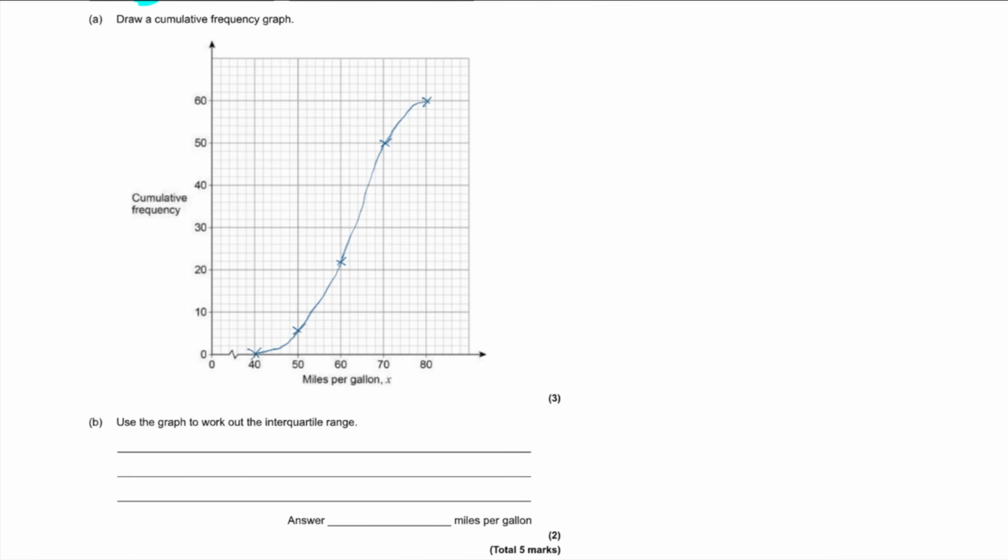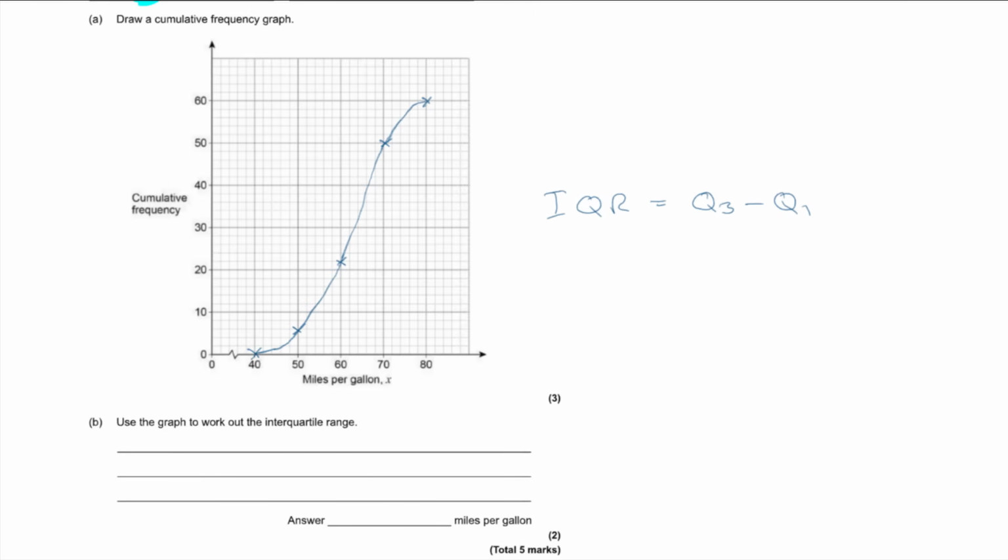Use your graph to work out the interquartile range. Okay, so the interquartile range is Q3 minus Q1, the upper quartile minus the lower quartile. Now the upper quartile occurs 3/4 of the way through your data, and the lower quartile occurs 1/4 of the way through the data.